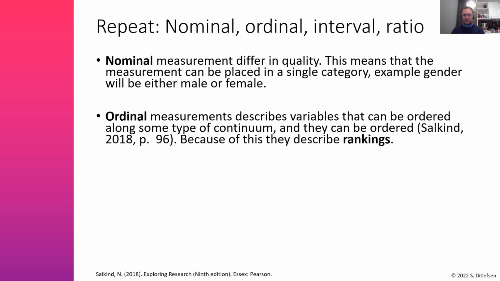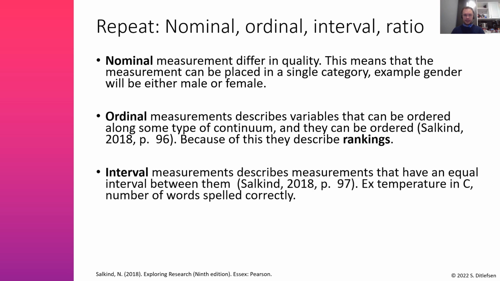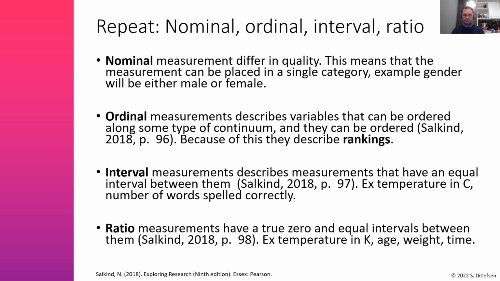Because of this, they describe rankings. Interval measurements describe measurements that have an equal interval between them. For example, temperature in Celsius, number of words spelled correctly. Ratio measurements have a true zero and equal intervals between them. Example, temperatures in Kelvin, age, weight, time. Okay, nominal, ordinal, interval, ratio.